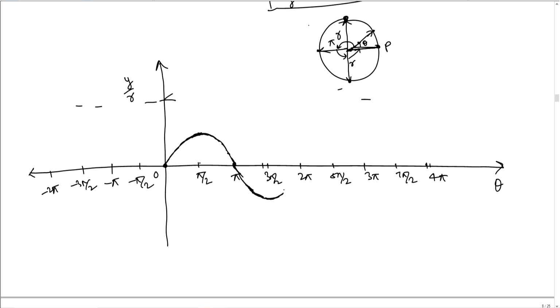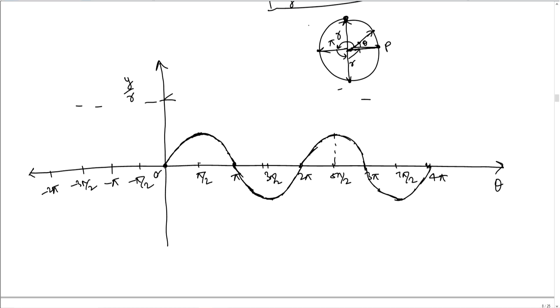Okay, and then it would become 0 at 2 pi, will again start increasing and will become r at 5 pi by 2, would become 0 again at 3 pi, would become some negative value at 7 pi by 2, would become 0 again at 4 pi.